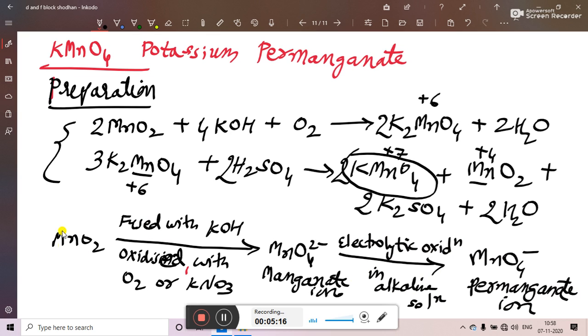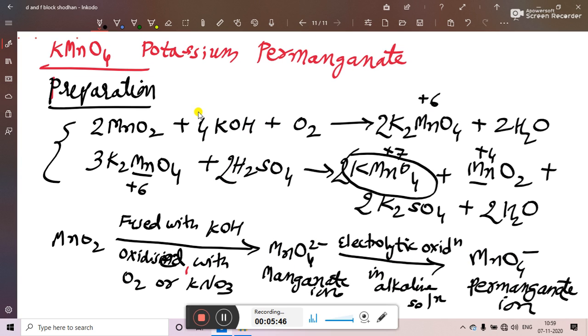First of all, manganese dioxide, that is pyrolusite, is fused with KOH in the presence of oxygen or KNO3, which is our first step, which we have seen here also. And in the second step, electrolytic oxidation is done in alkaline solution, to get permanganate ion, MnO4 minus, which is a violet colored solid.